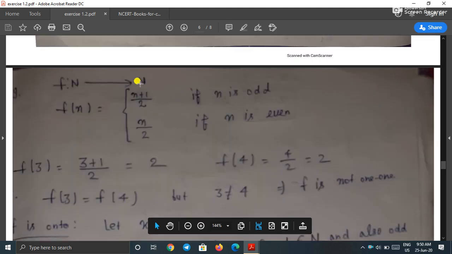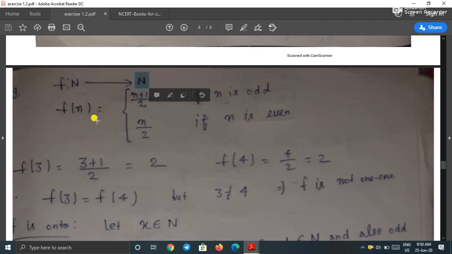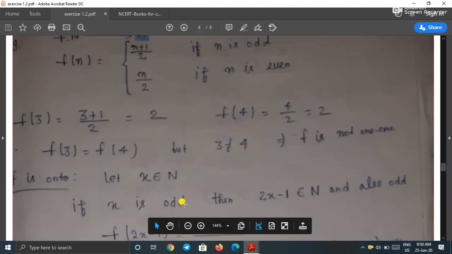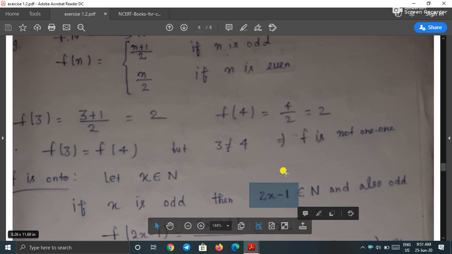Now we will check the surjectivity of the function. For surjectivity, let us take a point in the codomain, okay. Let x be a natural number, then we have two cases, either x is an odd number or x is an even number. So if x is an odd number, then 2x minus 1 is also a natural number, and also an odd number.